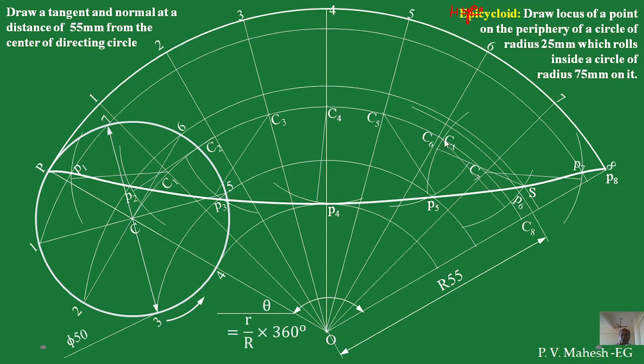And from here, what I am doing, people generally make a mistake here. From here, I have to draw a normal onto this curve. So how to get the normal onto this curve? Join this O with CT and extend. Then I will get the normal. Now this point on the directing circle is N. By mistake it came here.